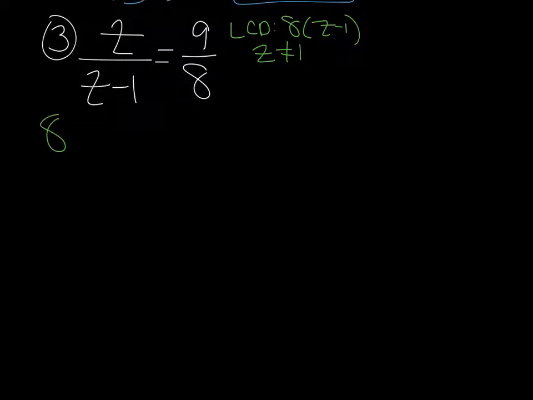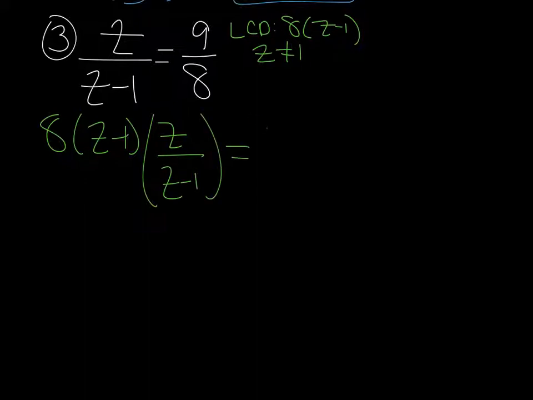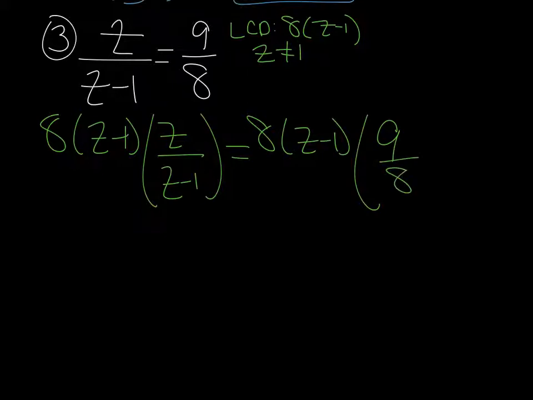Okay, so we'll do 8 times the quantity z minus 1 times z over z minus 1 equals 8 times the quantity z minus 1 times 9 over 8. These look a little different, but remember I'm multiplying by this z minus 1 so it cancels it out.